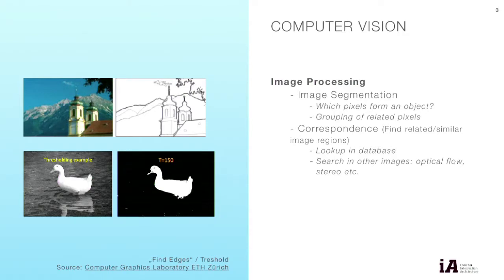There are also methods which try to look up known objects in databases and compare them with what they actually see at the moment. Other techniques are stereo graphics. So you have two cameras, and if both of them see the same object, it has some relevance.